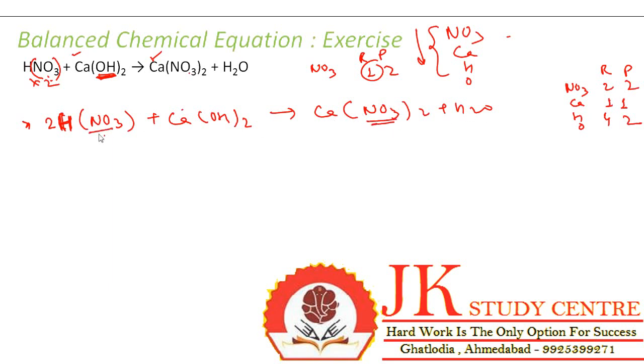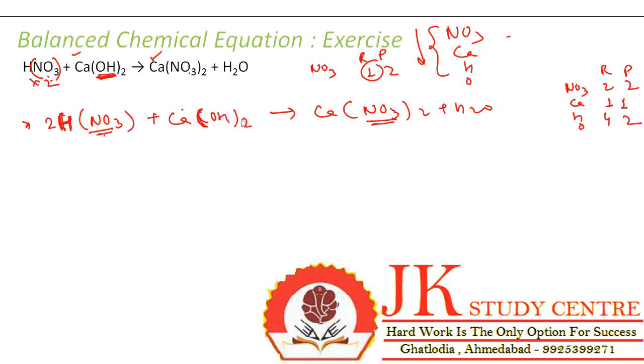So 2 hydrogen here plus this again we can take, because here we have not assumed OH as a polyatomic thing, since it was not there on the product side. So we'll take 2 hydrogen from here, 2 plus 2, 4 hydrogens. Here we have 2 hydrogen. Please pay attention: OH was a polyatomic thing, but still we could not take it as one unit because it is only in the reactant, not in the product.